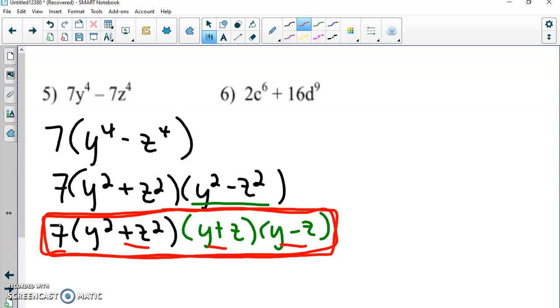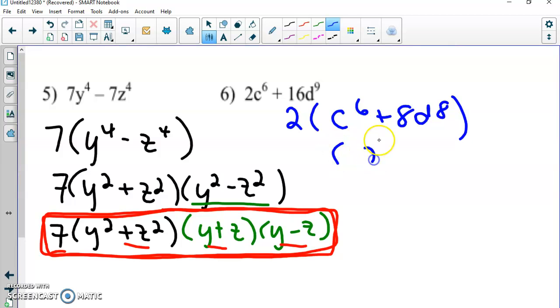Number 6, take out a GCF of 2. In parentheses, that is in the form of the sum of 2 cubes. So what cubed is c to the 6th, and what cubed is 8d to the 9th.